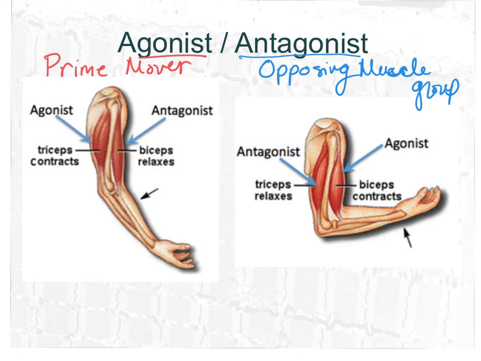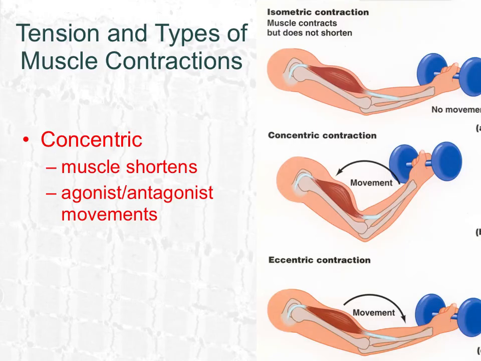Okay, muscles always shorten. That's all they can do. But they can contract in some different ways. If you do any sort of weight training, you might be familiar with these different types of contractions.